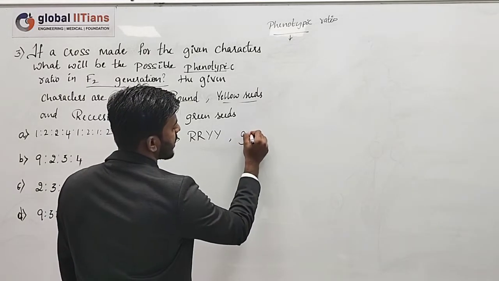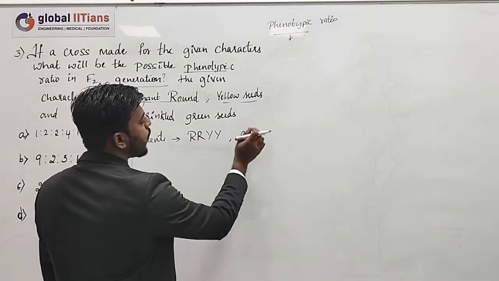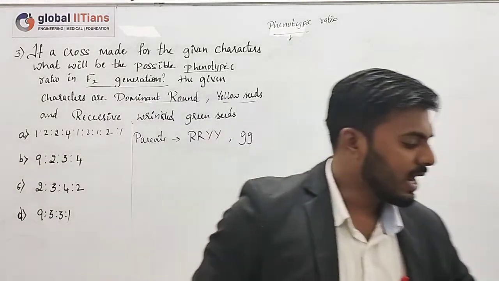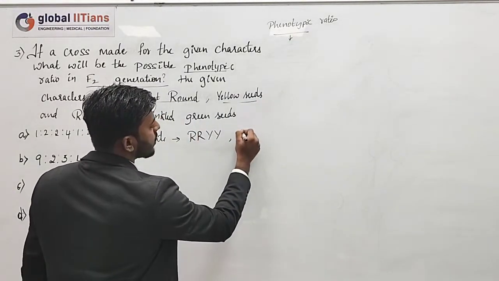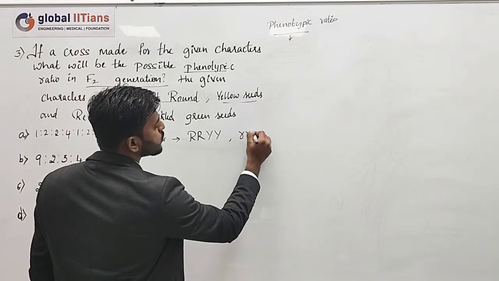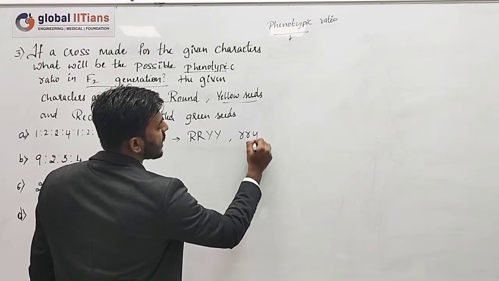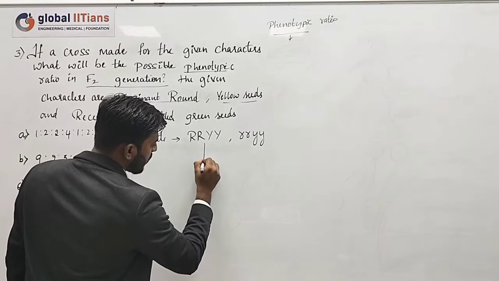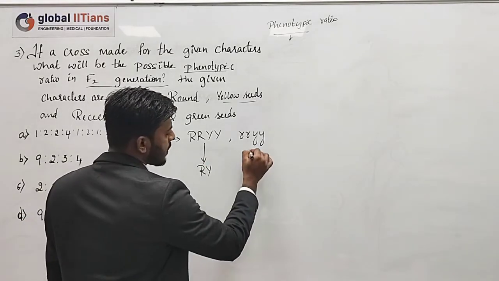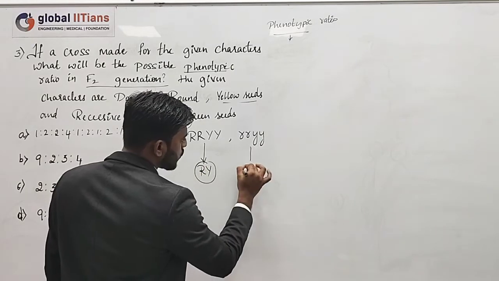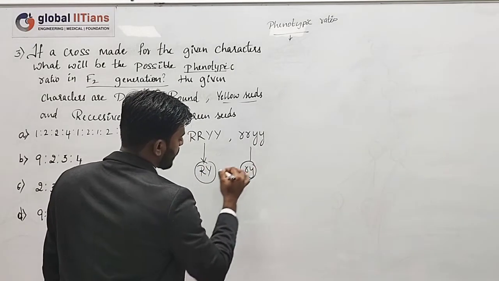So recessive, we write in lowercase: small r, small r, and the green is written as small y, small y. Now when they form the gametes, we get capital R, capital Y, and here small r, small y.